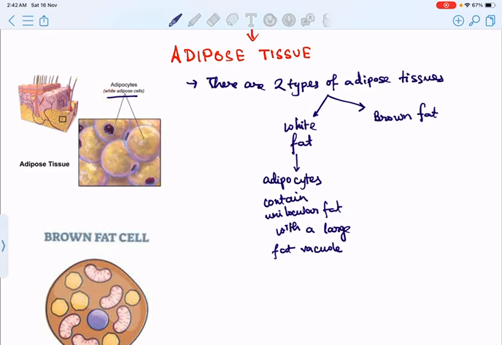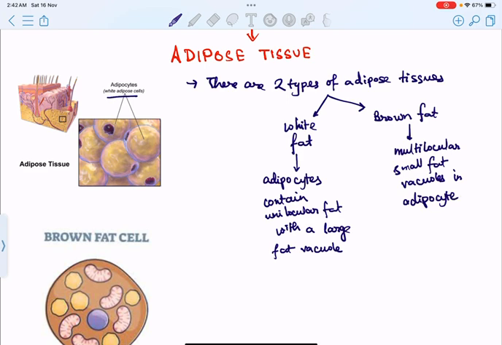It's mentioned here. Coming to brown fat, multilocular, small fat vacuoles in the adipocytes. I hope you understand that this is a complete adipocyte and this is the fat vacuole.